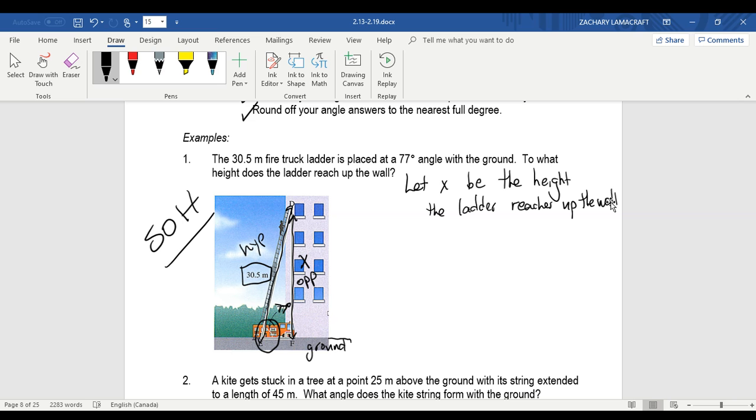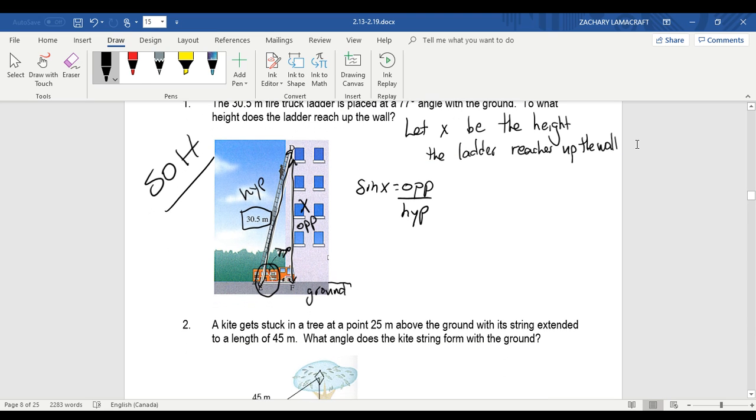And from here, we're just going to set up our equation. So it's sine x is equal to the opposite side over the hypotenuse. And in this case, sine 77, that being our angle, is equal to the opposite side, which we've made x, over 30.5.